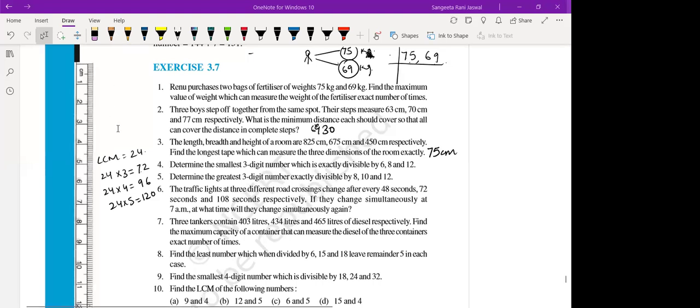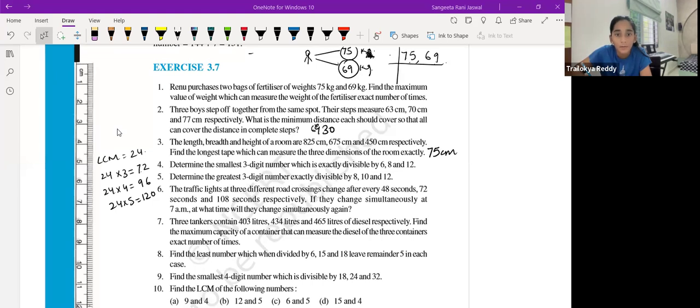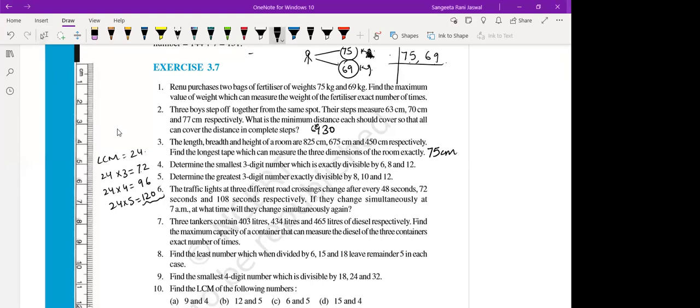Fifth one also done. Okay, Trilokya, so you understood now? Yes, ma'am. So the smallest 3-digit number is this one. Okay. Now further, if you multiply, you will get some more numbers. But this is the least number, smallest 3-digit number. Okay. So please make a note of this in your notebook.